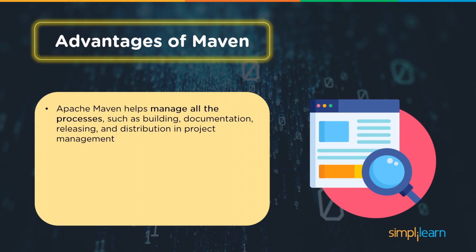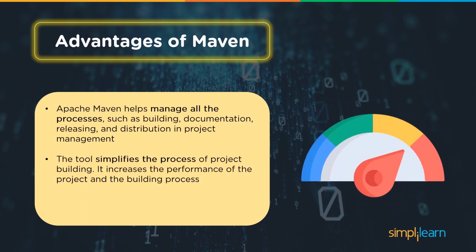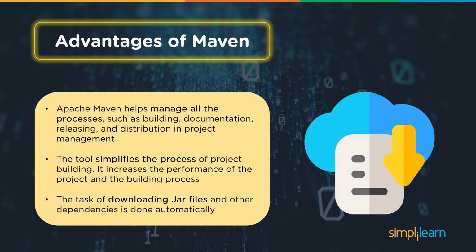The first one is that Apache Maven helps manage all the processes, such as building, documentation, releasing, and distribution in project management. The tool simplifies the process of project building. It increases the performance of the project and the building process altogether. And the task of downloading jar files and other dependencies is also done automatically. We don't have to indulge in any kind of download part manually.